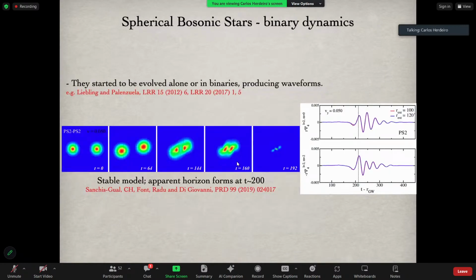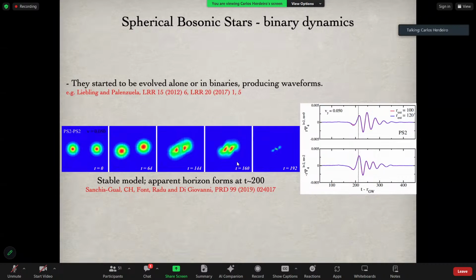And also because these bosonic stars, both the scalar and the vector, were seen to be perturbatively stable against spherical perturbations and to form, as I've just described, they also started to be evolved alone or in binaries, producing waveforms for at least a decade. As an illustration, what you can see here is the first orbital merger of two spherical vector boson stars.